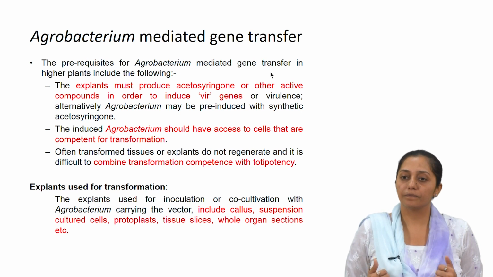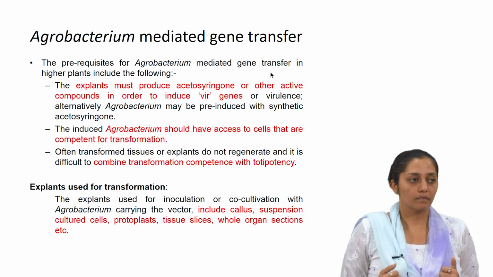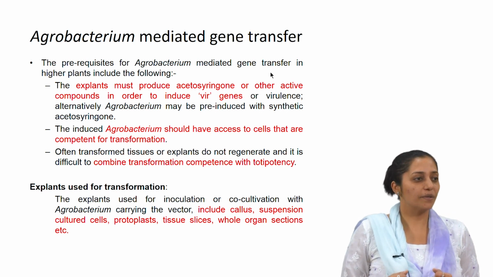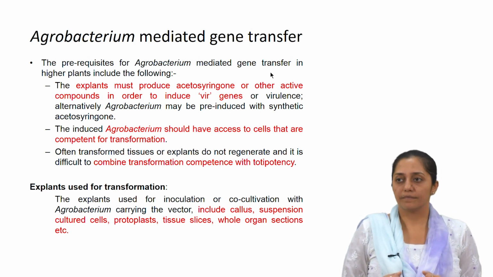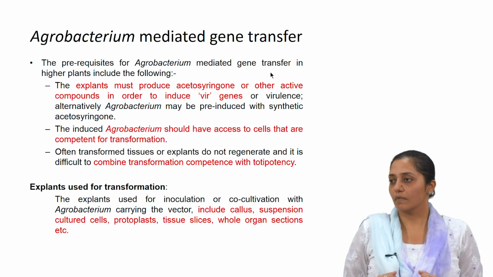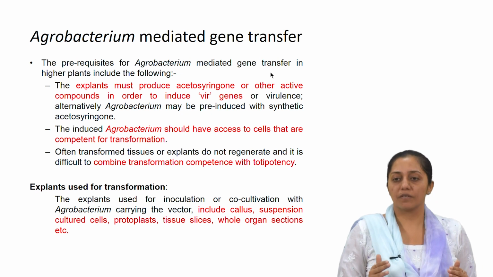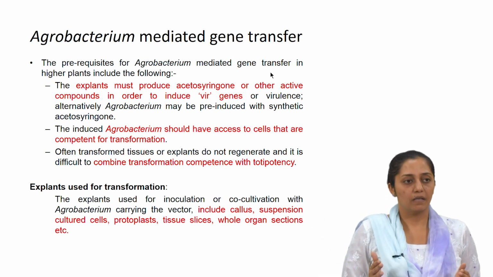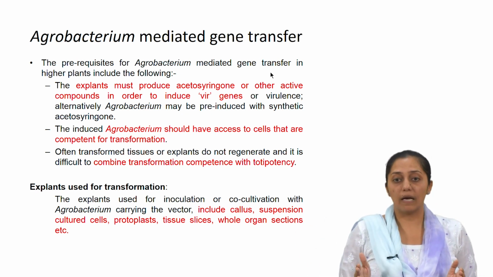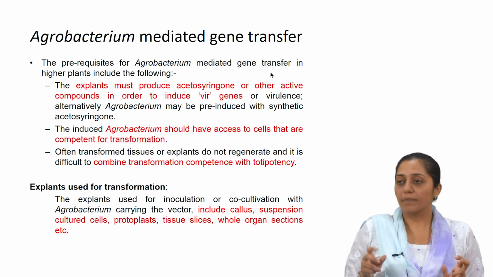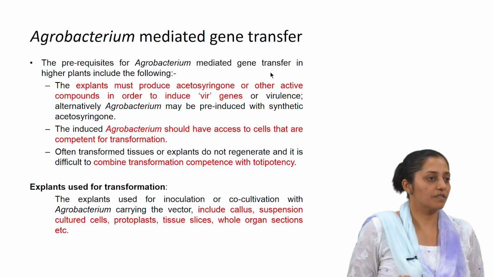Why? Young explants are preferred, not old. Why do you think? Even for transformation, regeneration is the second step. For successful transformation to happen, it is preferred that you work with younger explants with rapidly dividing cells if you are working with cell cultures.